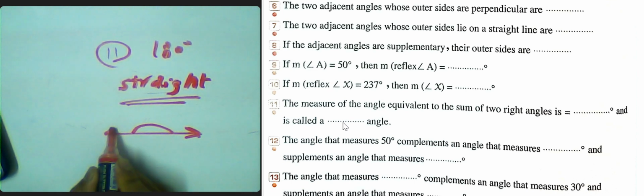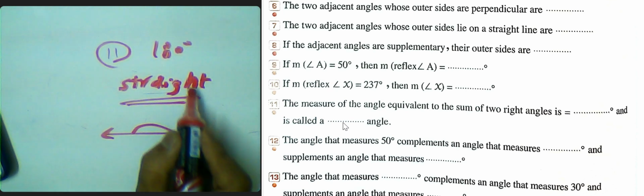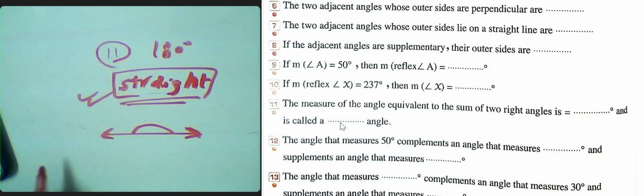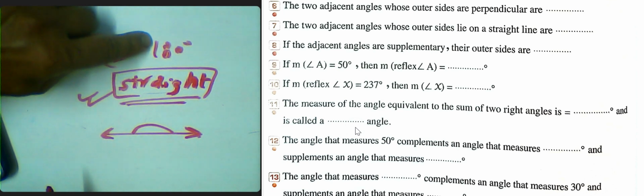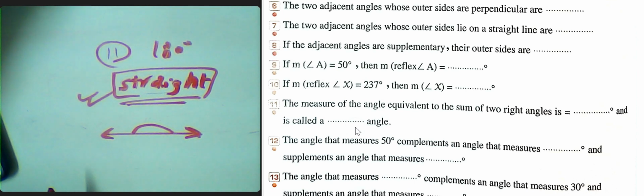The measure of a straight angle equals 180 degrees, so you must write straight in this place. It's called a straight angle, equivalent to 180.